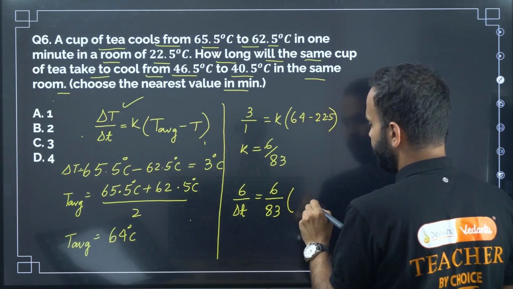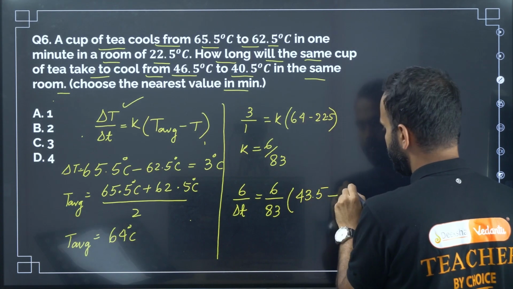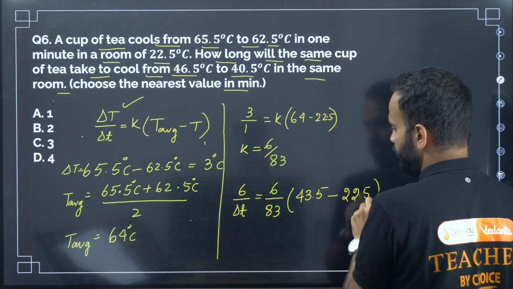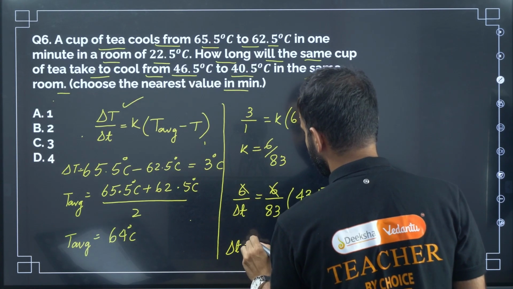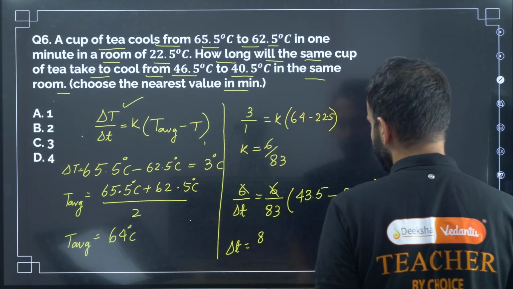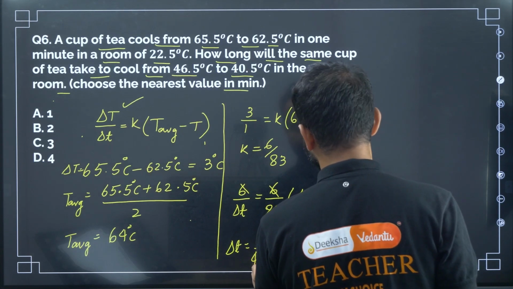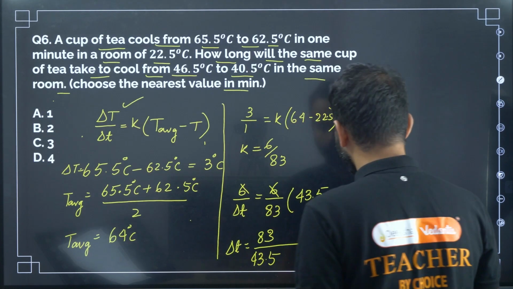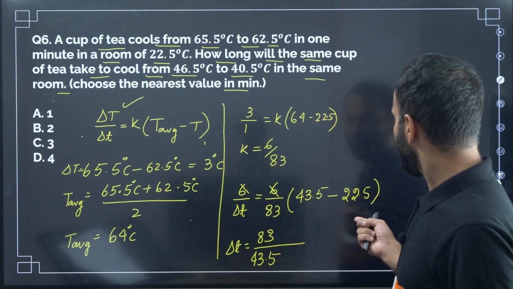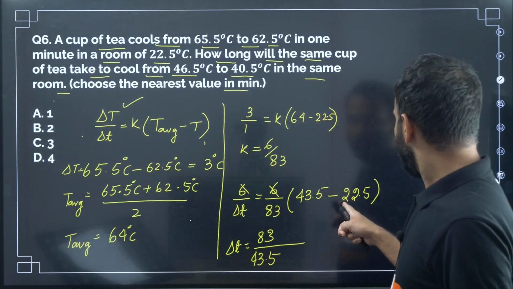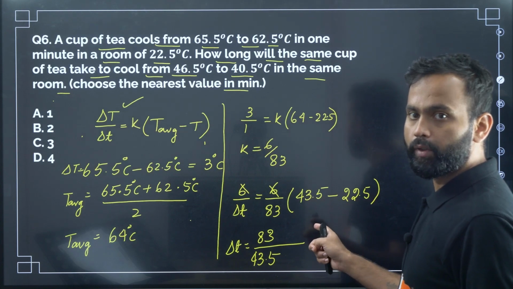Here, this will be 43.5 minus 22.5. So now 6 will get cancelled. Delta T is equal to 83 divided by 43.5. 43.5 minus 20 is 23.5, minus 0.5 is 23, again minus 2 is 21.